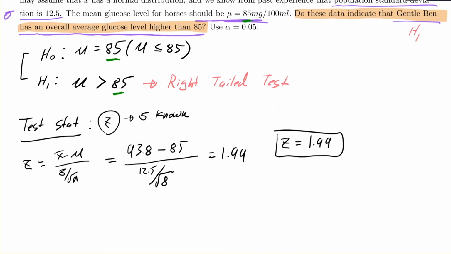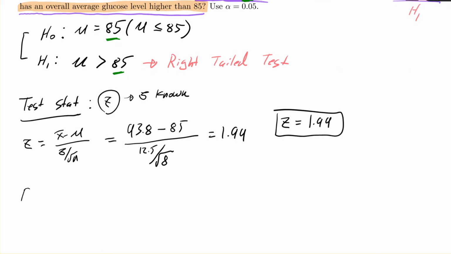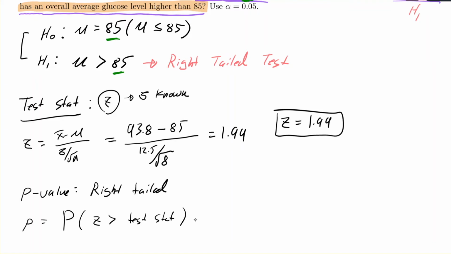So now we're going to find the p-value using this. P-value. Well, since it's a right tail test, p-value, lowercase p, is the probability of z greater than test stat. Well, in this case then, P(z greater than 1.99).